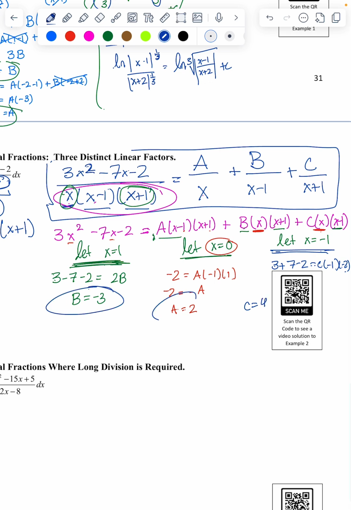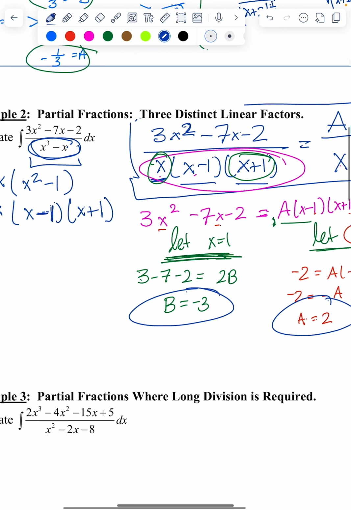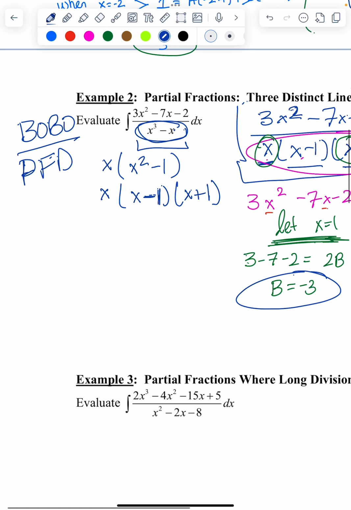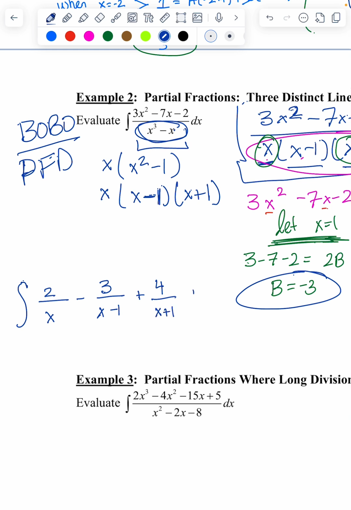Once you have your a, b, and c, the rest is pretty straightforward, because you can break this guy up. So this whole thing now has been partial fraction decomposed into, we said a is 2, so 2 over x minus 3 over x minus 1 plus 4 over x plus 1.